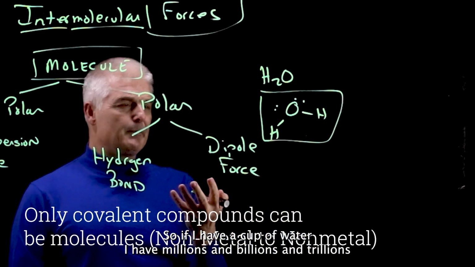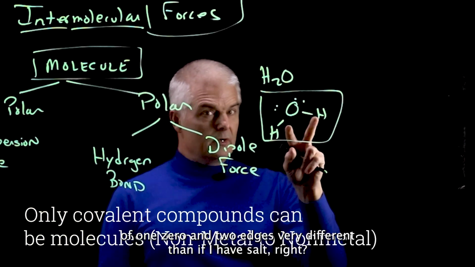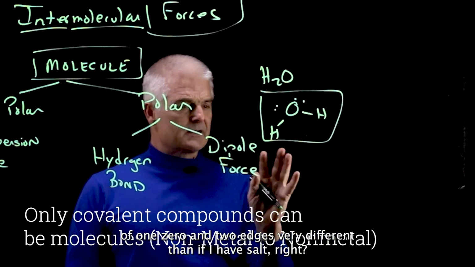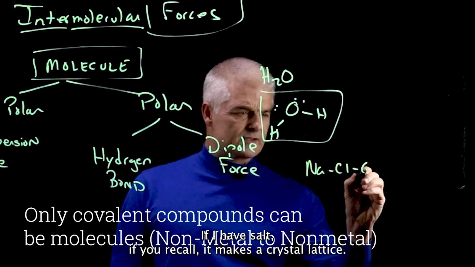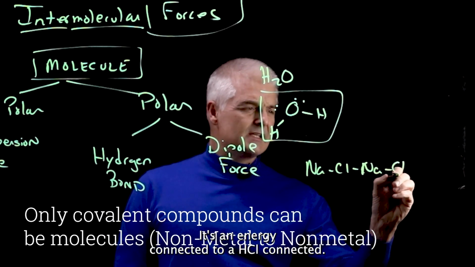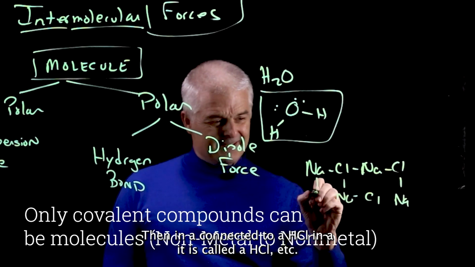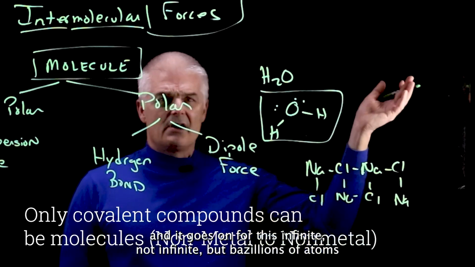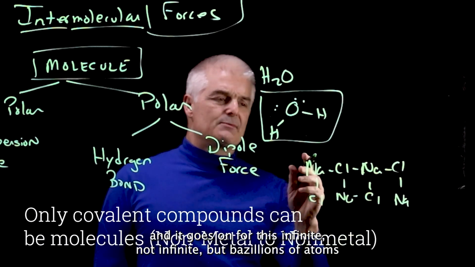So if I have a cup of water, I have millions and billions and trillions of one O and 2 H's. Very different than if I have salt, right? If I have salt, if you recall, it makes a crystal lattice. It's an Na connected to a Cl, connected to an Na, connected to a Cl, etc. And it goes on for this infinite, not infinite, but bazillions of atoms all connected together.